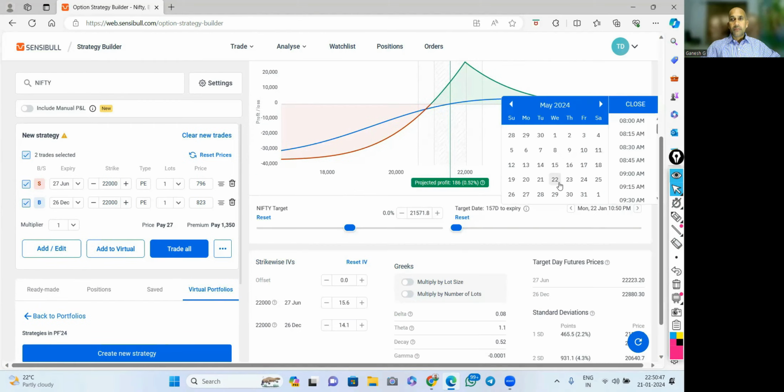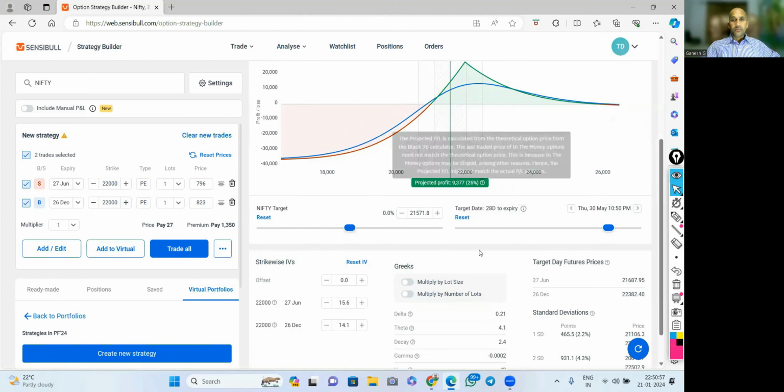Let's say around May 30th, if the market stays here, you will get 26%. But the VIX in the month of May would be very high.